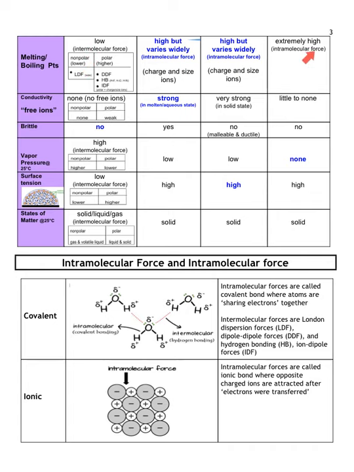High in covalent network, low in covalent. And we see that progressing with the same trend as far as the forces of attraction. As you go from left to right, you're increasing in the forces of attraction, and that's why you're seeing that progression of boiling point increasing as you go from left to right here.